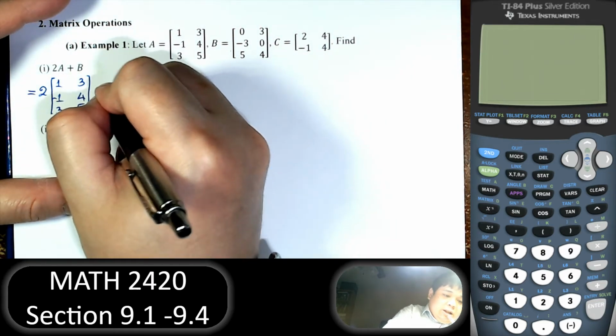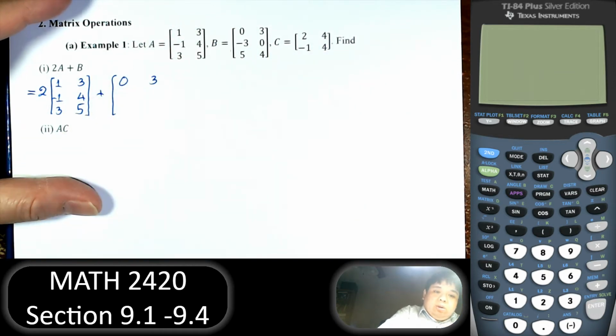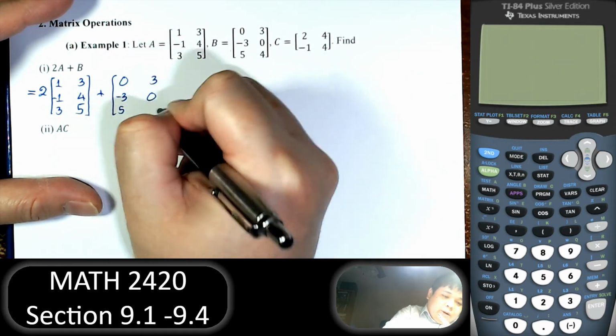And then plus the matrix B, 0, 3, negative 3, 0, 5, and 4.